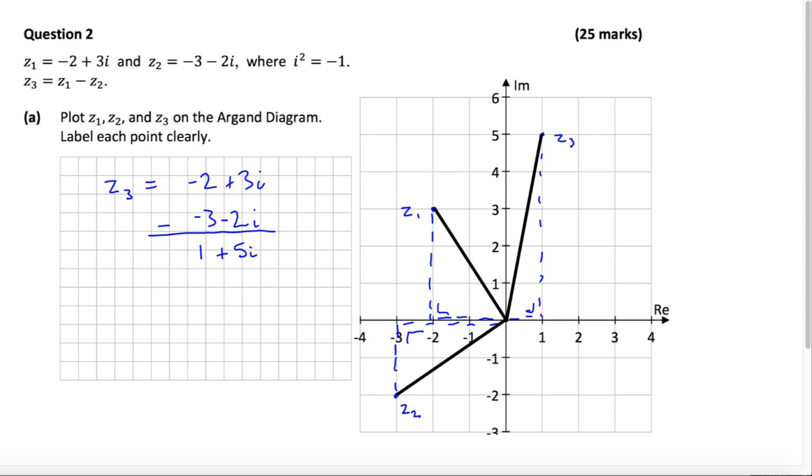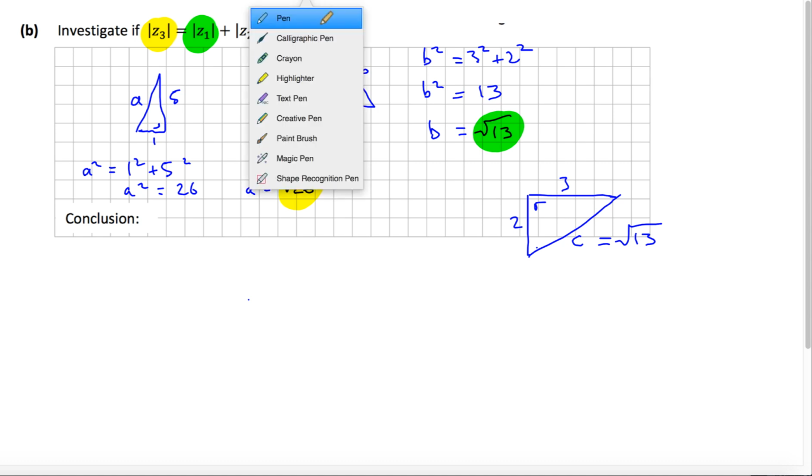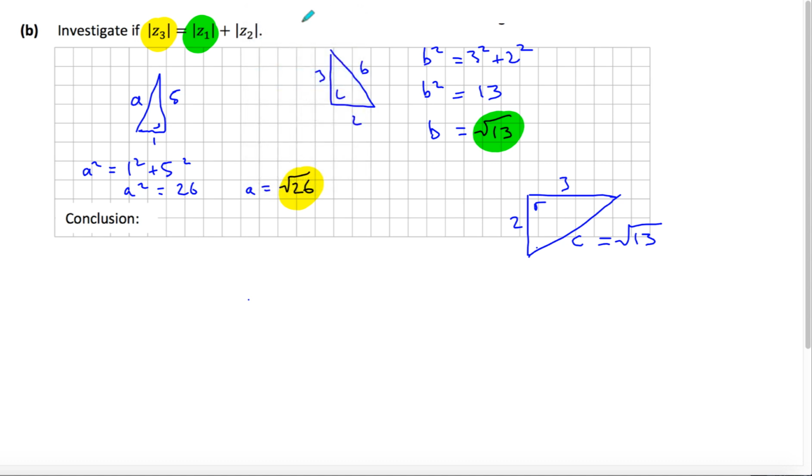So it's actually the same triangle as this one here, it's just on its side. So we already know that this side here will be the same as that one, which is root 13. So C here, we'll call it C, is root 13. So the modulus of Z2 is root 13 also.